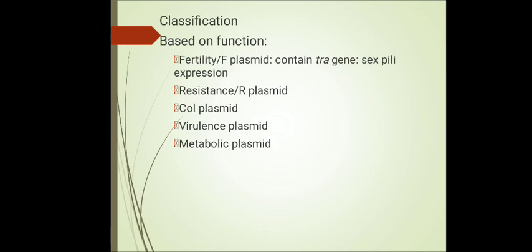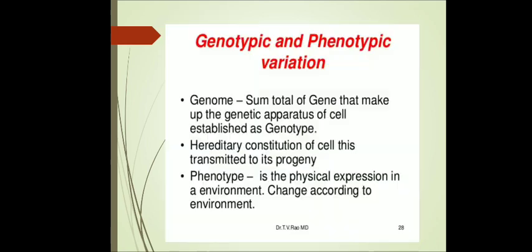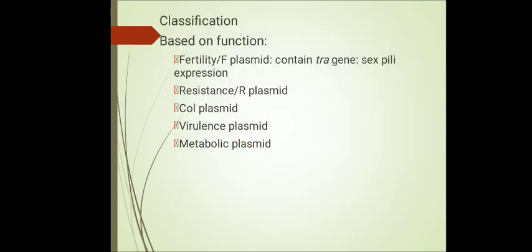The next type is the virulence plasmid. This virulence plasmid increases or enhances the pathogenicity of the bacterial cell. And the last type is the metabolic plasmid, which helps to enhance the metabolic property of the bacterial cell. So this was all about the extra-chromosomal and chromosomal material present inside the bacterial cell. Thank you.